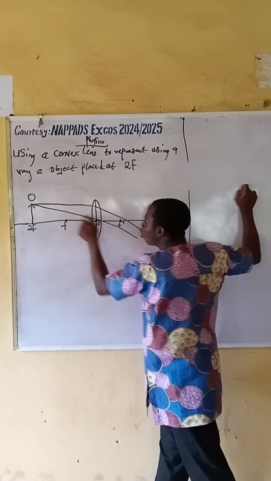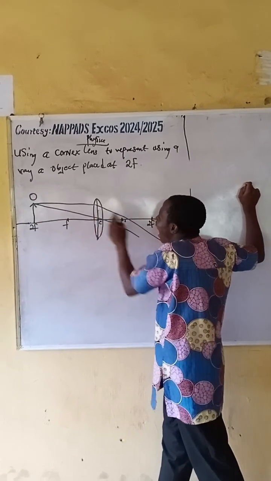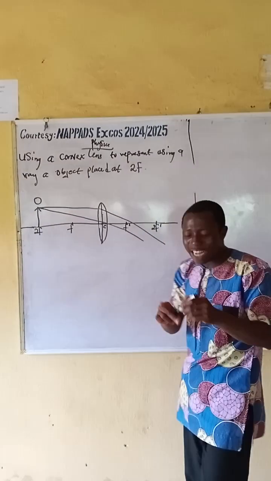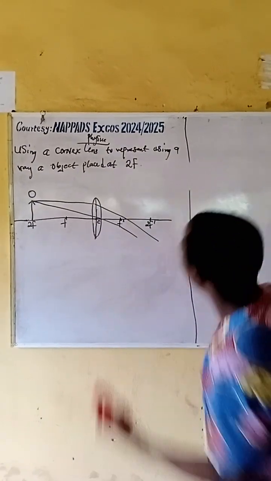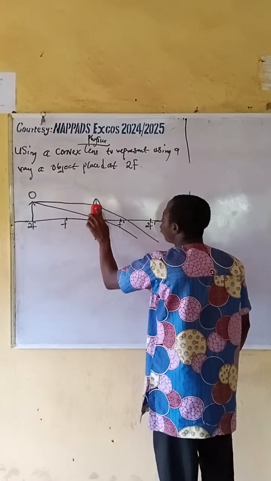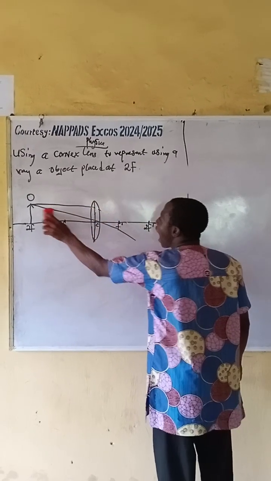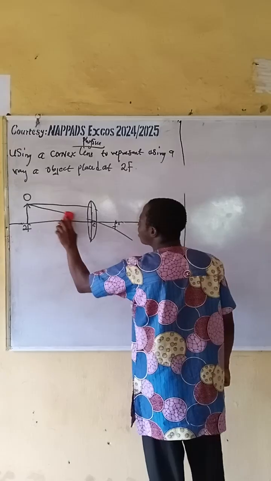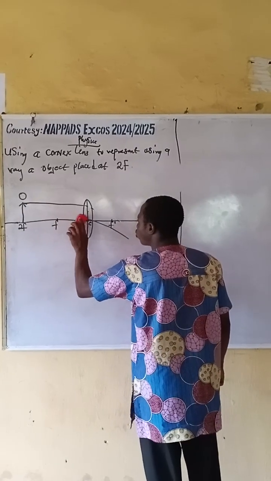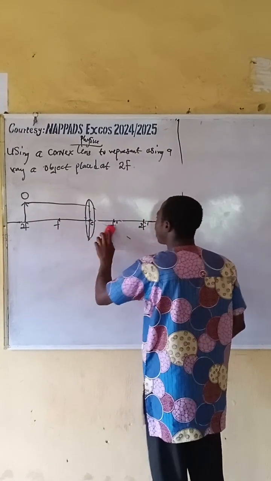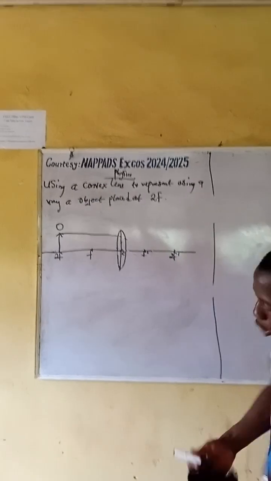This one did not pass through the center of convection, and this one did not pass through F. So in any ray diagram you are drawing, the ray that is going to bend must pass through this F, and the one from here must pass through the center of convection. When you do that, you are going to get where the image is formed.